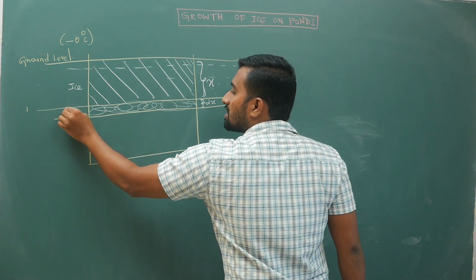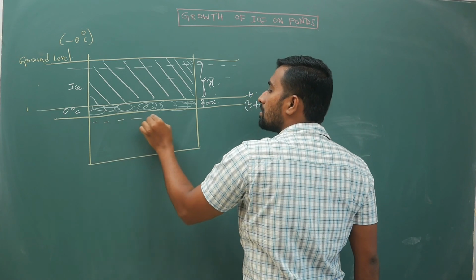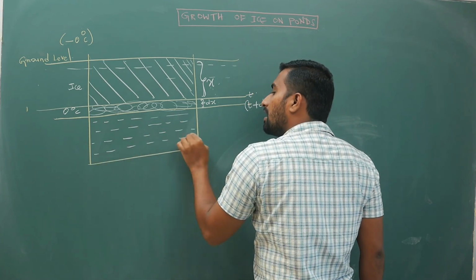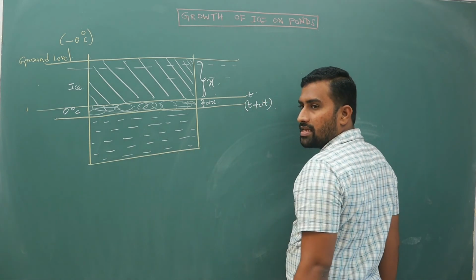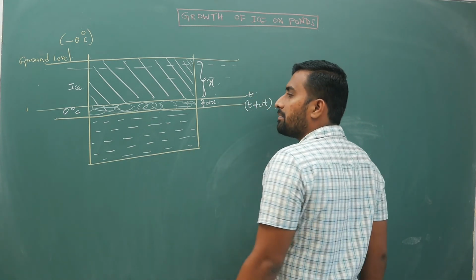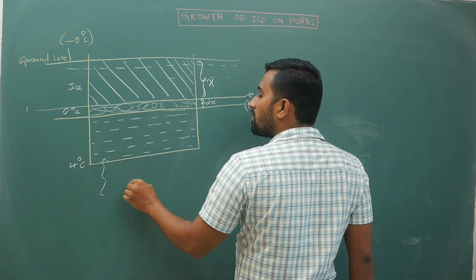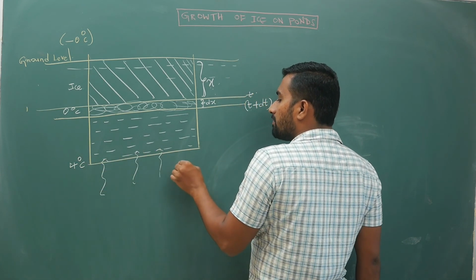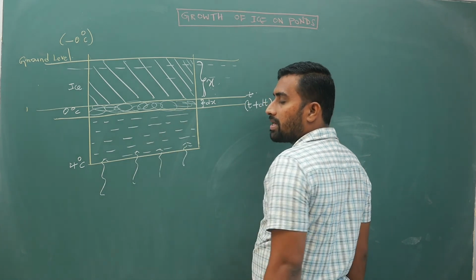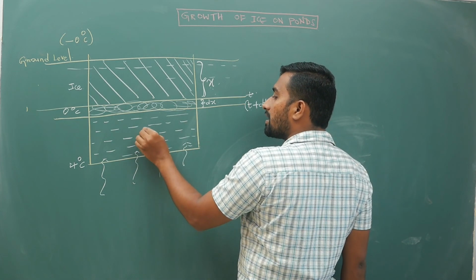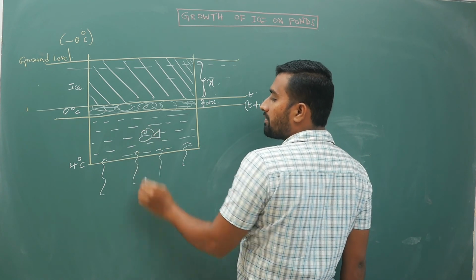At this junction of ice and water, obviously there will be 0 degrees centigrade, and from the earth, earth's center will be at very high temperature. Somehow it will maintain this 4 degrees centigrade, and from the bed heat energy will start coming upwards like this. That is why your aquatic animals are able to survive here.